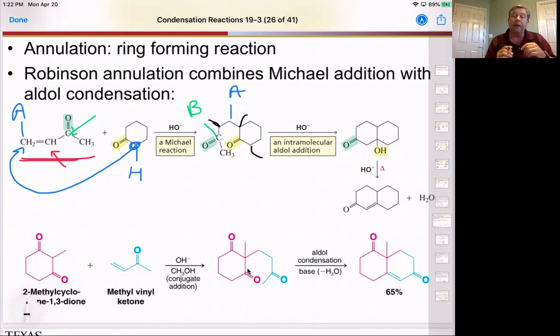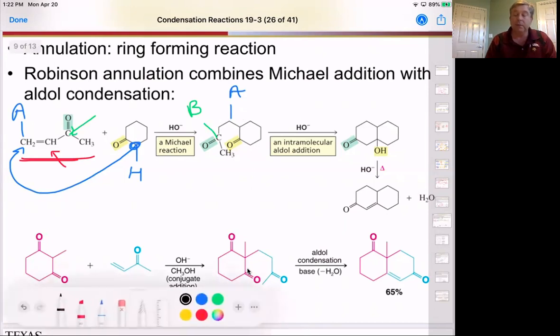For example, this one right here is not going to deprotonate and come here because that's a 7-membered ring. If this deprotonates, that's going to make a 4-membered ring. If this deprotonates, it won't do anything. So none of these deprotonation sites will actually yield a continuation of the reaction.